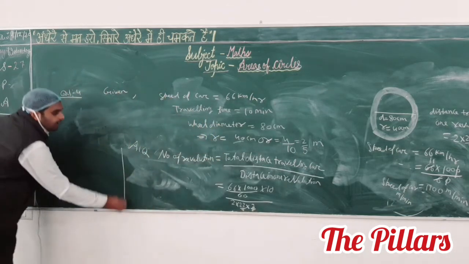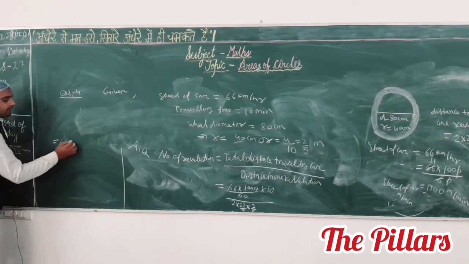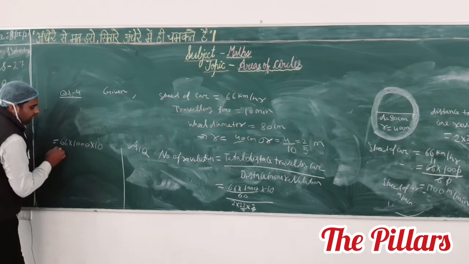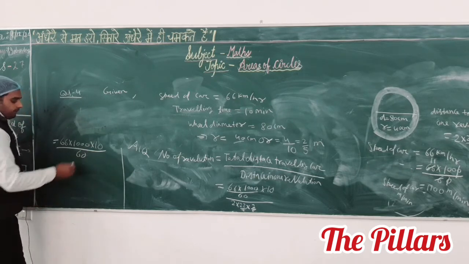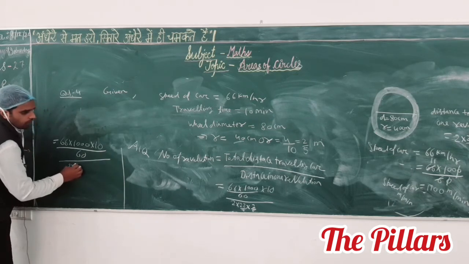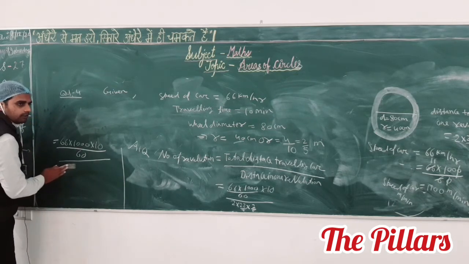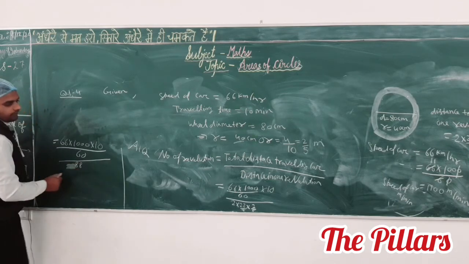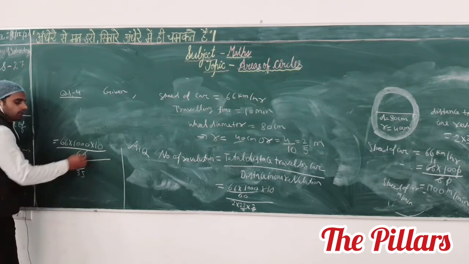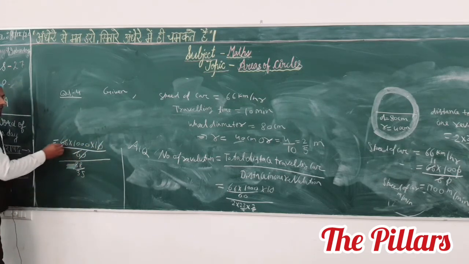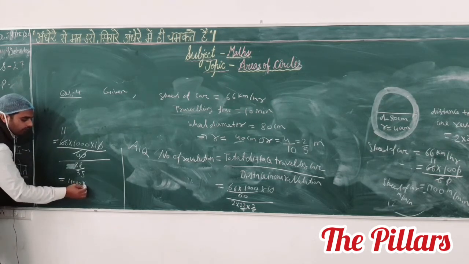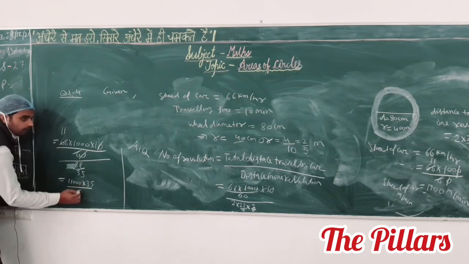You have to write it like this: 66 into 1000 into 10 divided by 60 divided by 2 into 22 into 2. This is 88 upon 35. First term into last term, middle term into middle term. Otherwise, divide it, 6 and 11. 11,000 into 35 divided by 88.